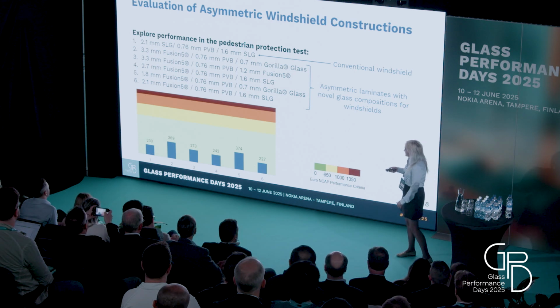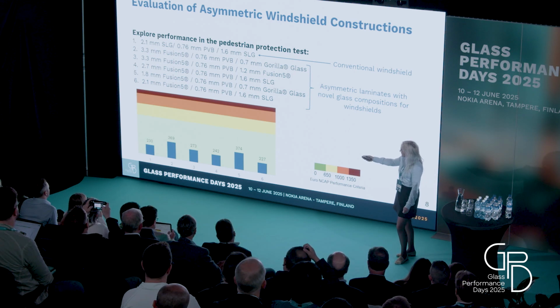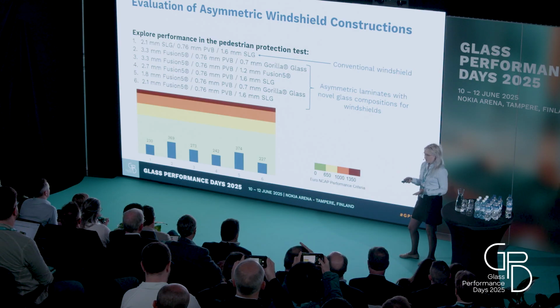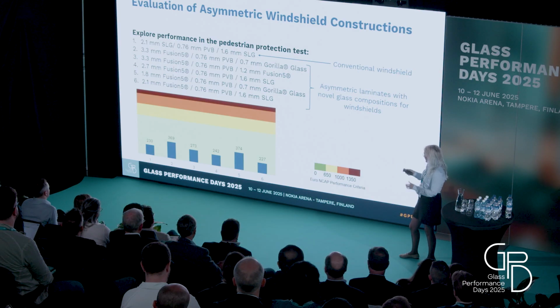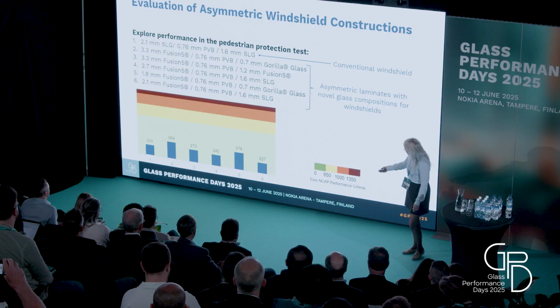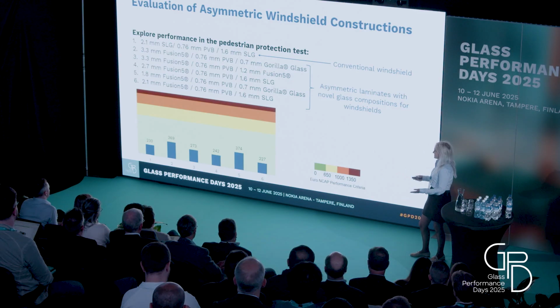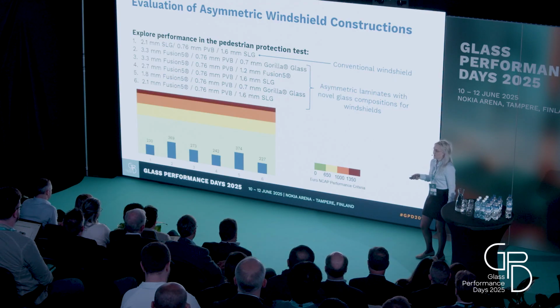And here are the results. You can see the chart and numbers presented. These numbers show the head injury values, and colors mean the performance criteria. Here you can see the scale. This is the Euro NCAP performance criteria, and basically the green zone means the best score, and the darker the color, the worse.